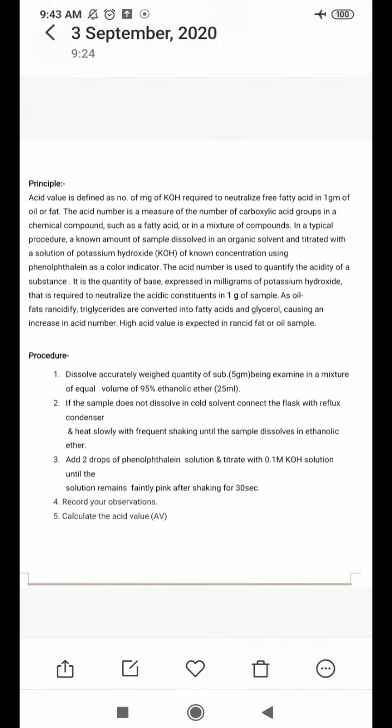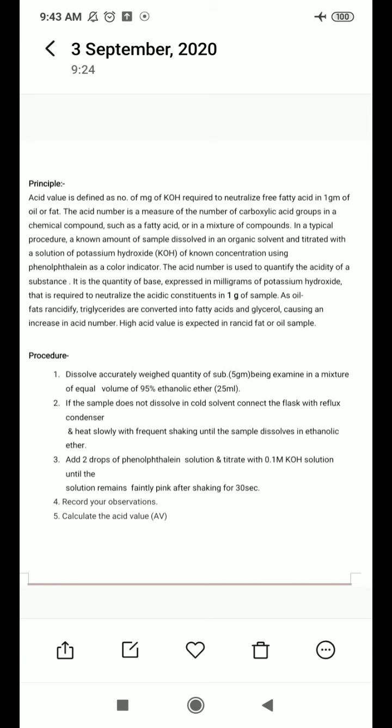In the particular structure of fats, in a triglyceride, what is the functional group? The functional group is always an ester. If rancidity occurs, then it may be converted into fatty acid, which is nothing but your carboxylic acid, causing an increase in acid number.